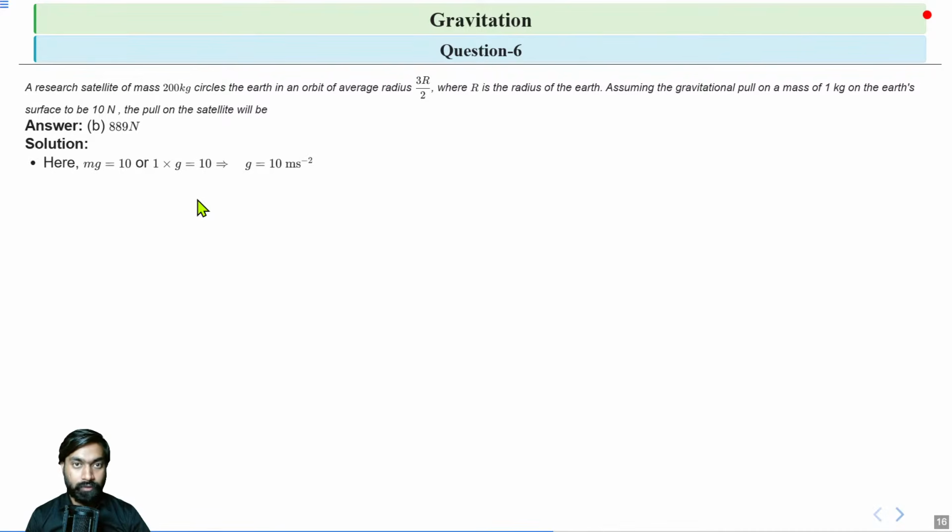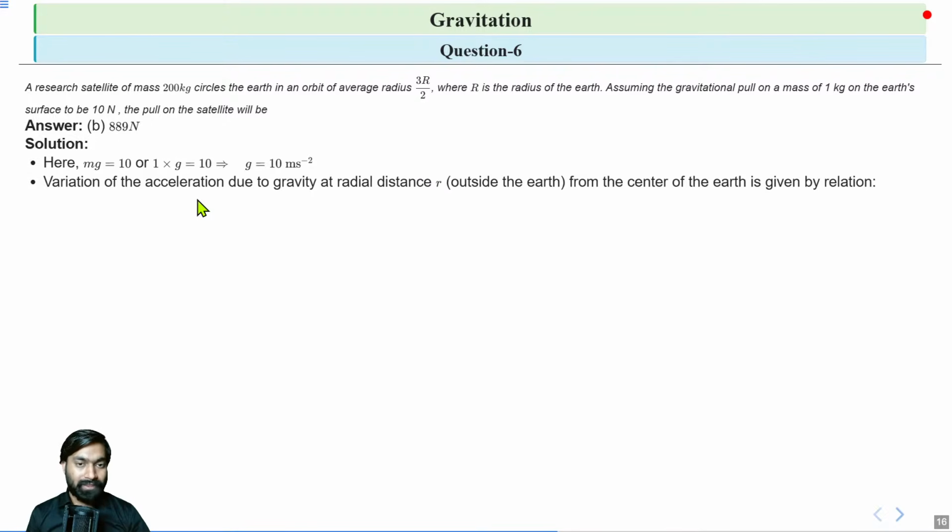So we know mg equal to 10. So we can say 1 into g equal to 10, so the value of small g is equal to 10 meter per second square.